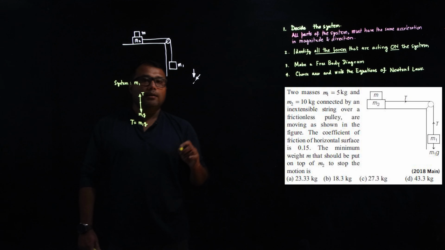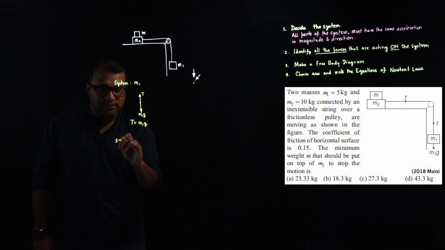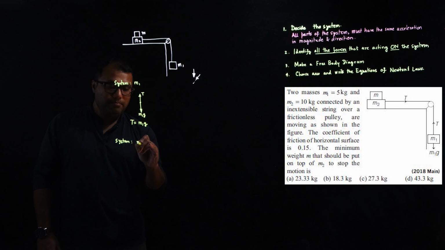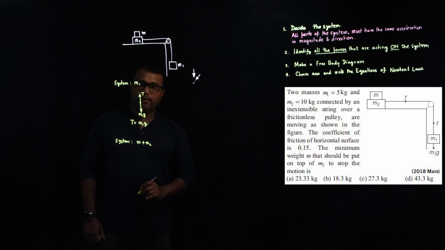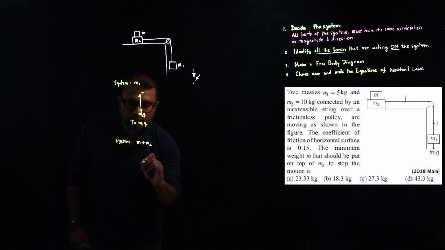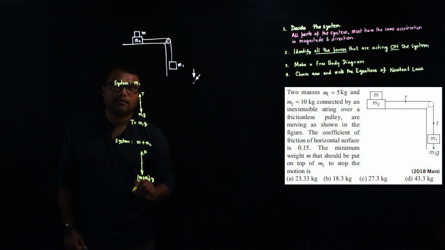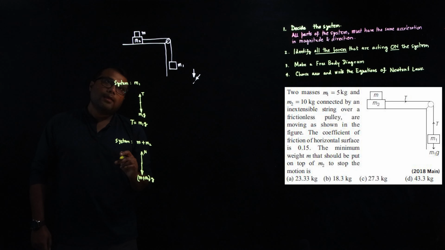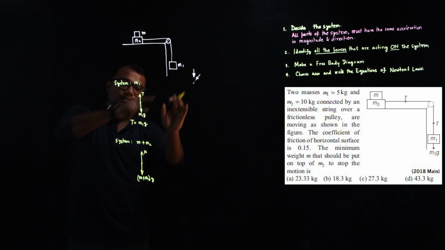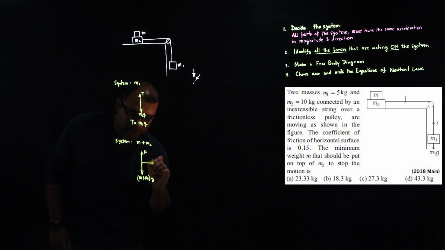Now let's take our system as M plus M2. Obviously the weight is (M plus M2)g. There is a normal reaction N. Let's write the tension first.